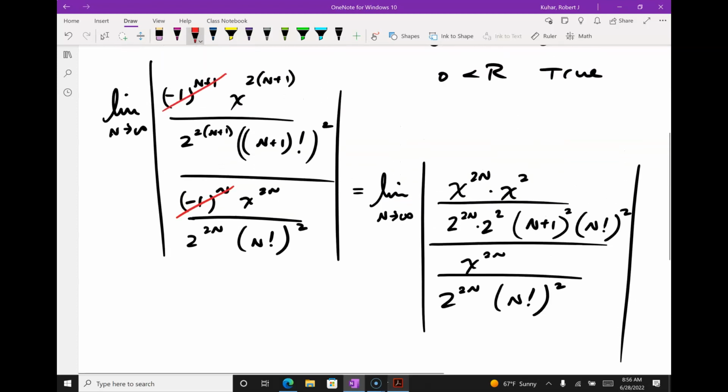So just trying to expand, trying to be patient, right? Maybe double checking myself, right? 2 times quantity n plus 1, that's 2n plus 2. Yes, okay, I got that. So now a bunch of things will cancel here, which is nice. Oops. Yeah, that's right. Nope, that's not right.